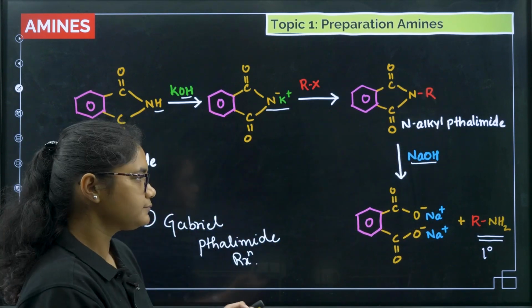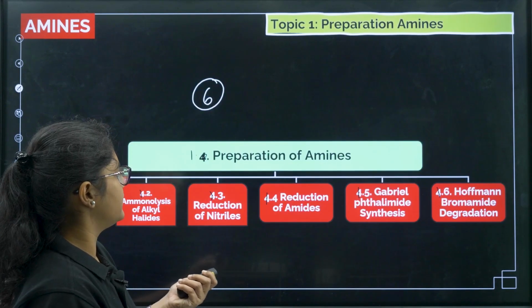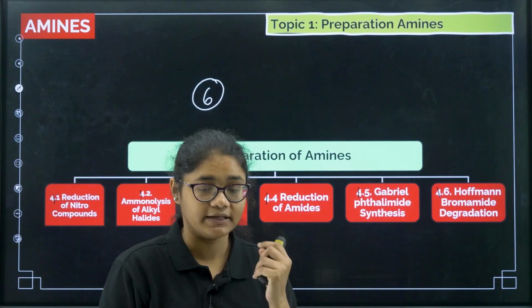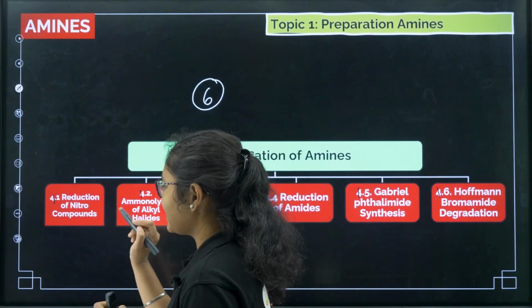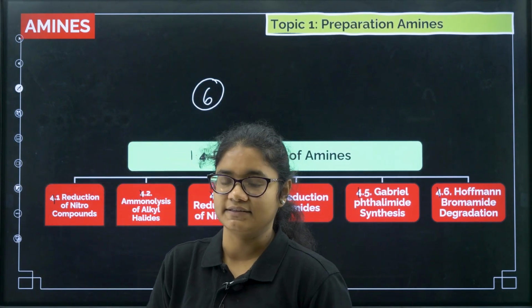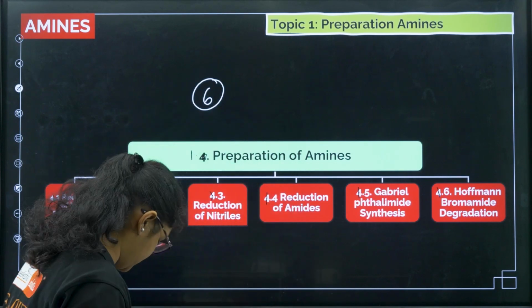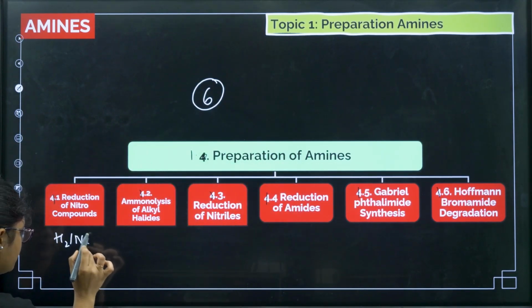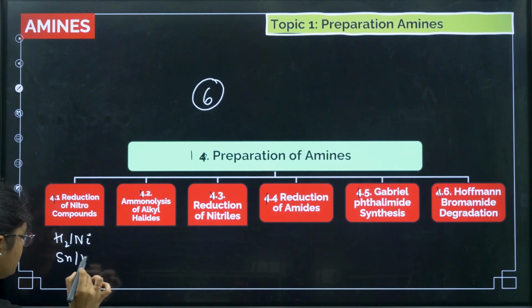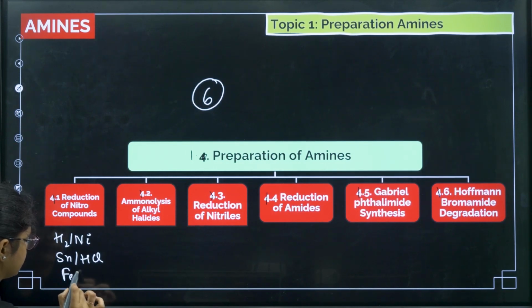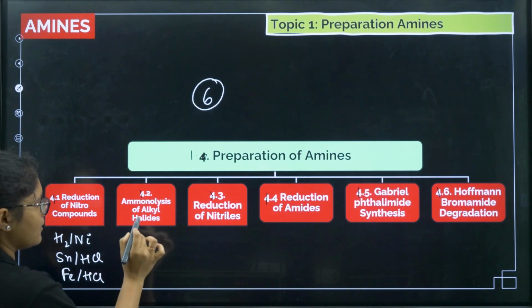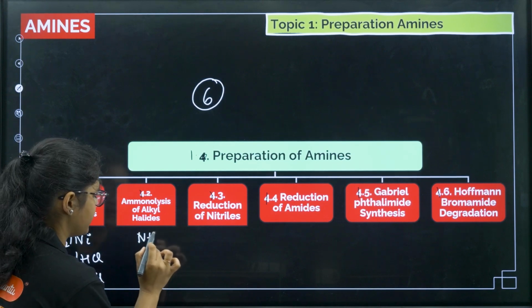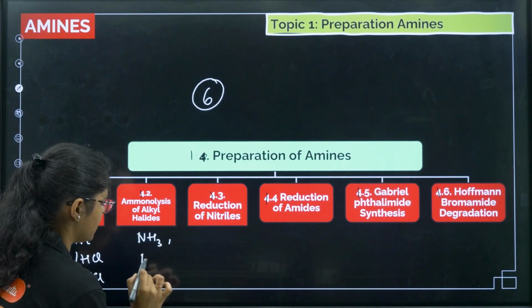Okay, fine. So now let us discuss all the methods with the reagents. For reduction of nitro compounds, we have three reagents: H2 with nickel or palladium, then Sn/HCl, or Fe/HCl. For ammonolysis, you simply treat it with NH3, then with NaOH.